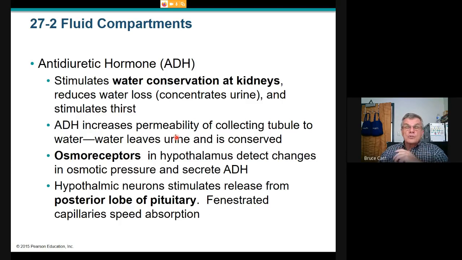Rapid transmission all over the body. At the kidneys, its effect is to change the concentration of urine by reclaiming all the water out of the filtrate that you possibly can. Its main effect is on the collecting duct, the collecting tubule, and on the extraction of water in that final trip down through the pyramid to that calyx deposit.